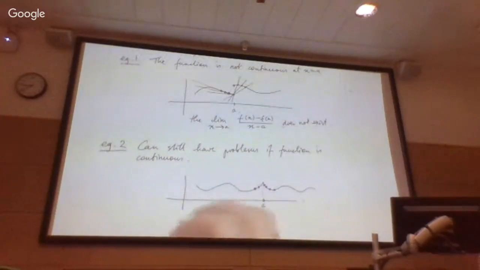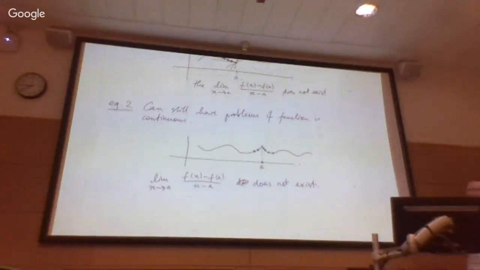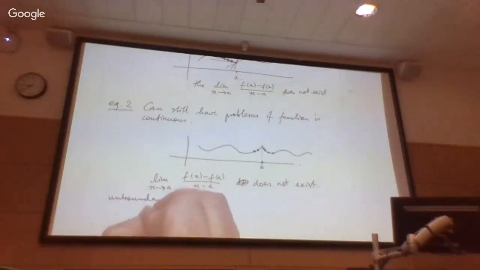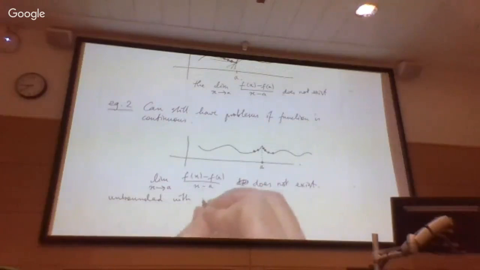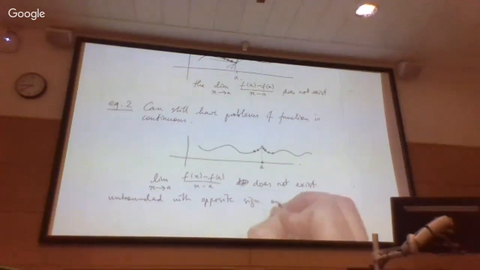So here, the limiting value as x approaches this a of f of x minus f of a over x minus a does not exist. It's unbounded, with opposite sign on the left versus the right.